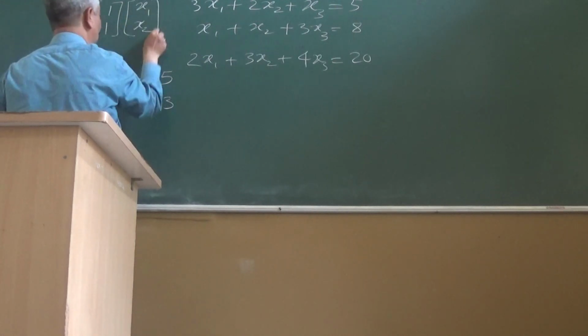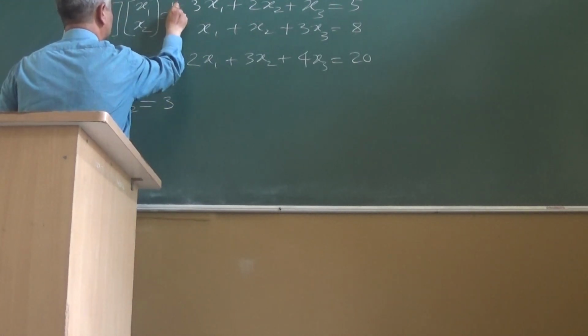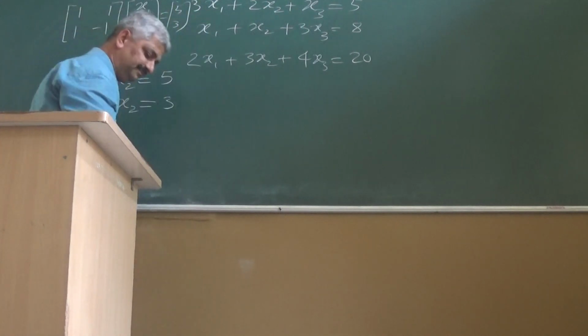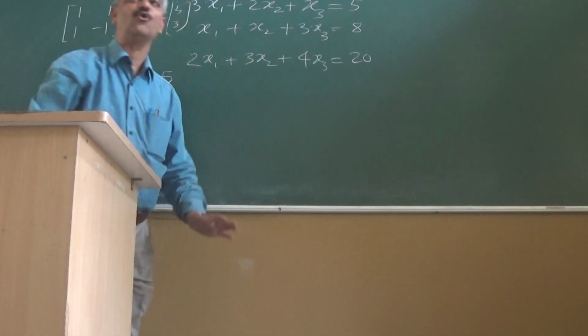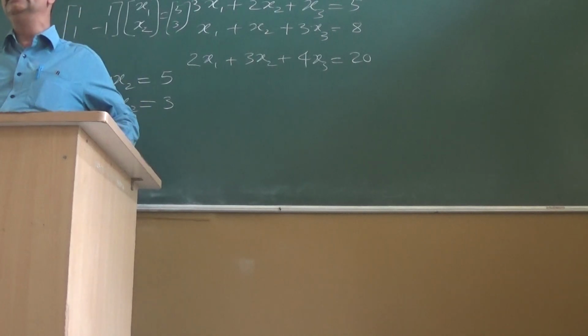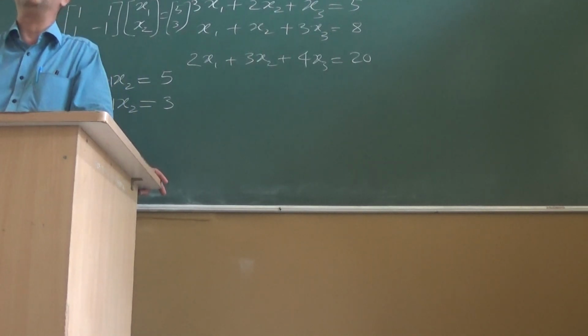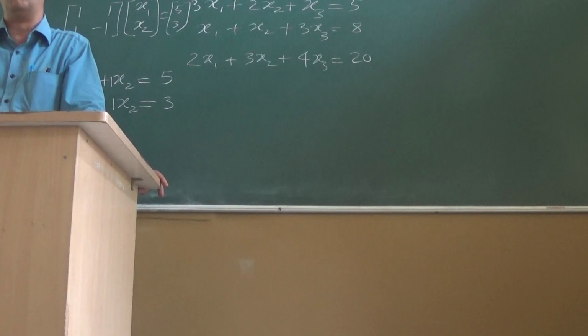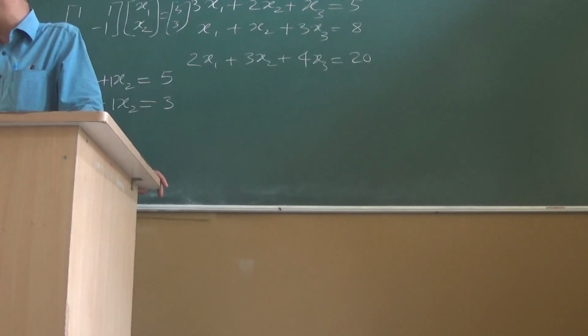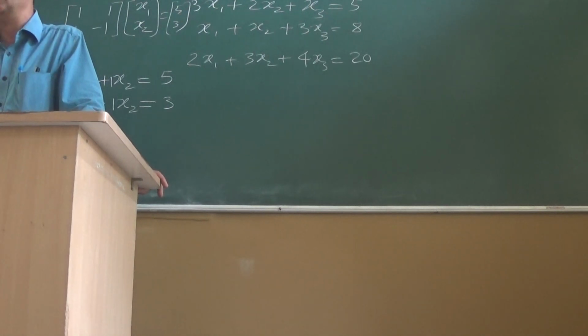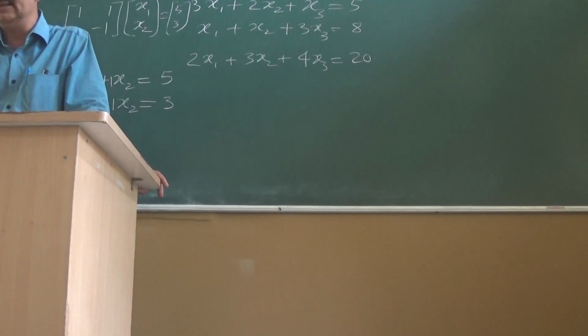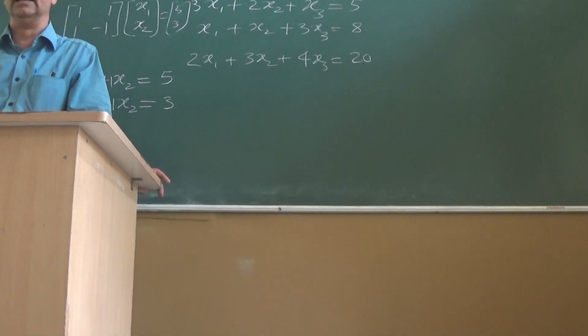And that is equal to 5, 3. Is it right? Yes. So a system of linear equations can be represented in a matrix form that is more compact, easier to represent, and easier to process further.